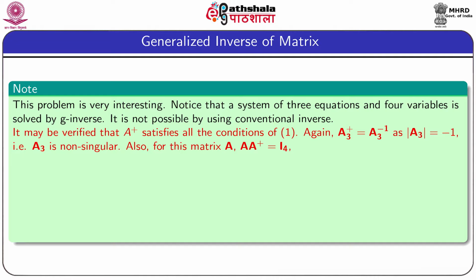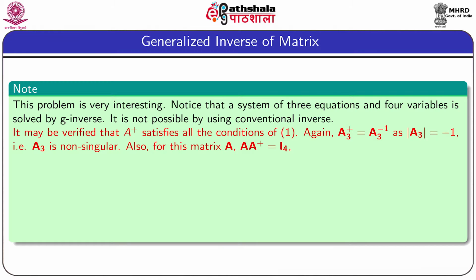It may be verified that A plus satisfies all the conditions of the Moore-Penrose inverse. Again, A3 plus equal to A3 inverse. A3 inverse is the conventional inverse of the submatrix A3, because for this submatrix A3 the determinant is minus 1, that means A3 is a non-singular square matrix.